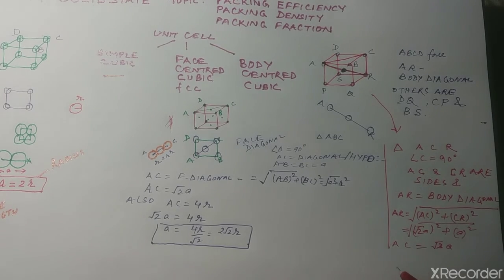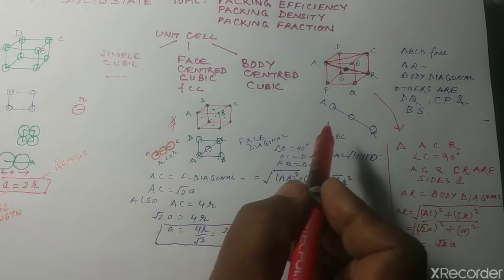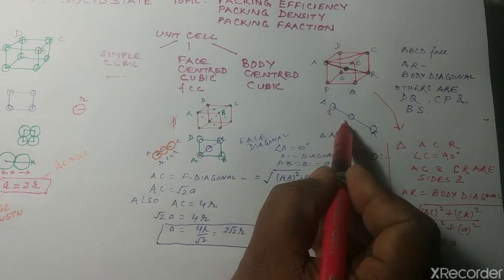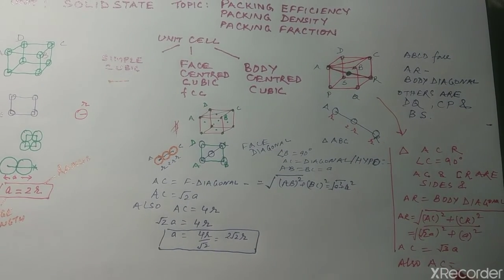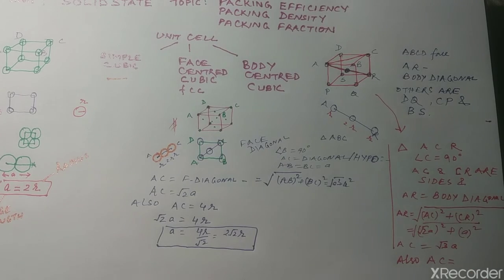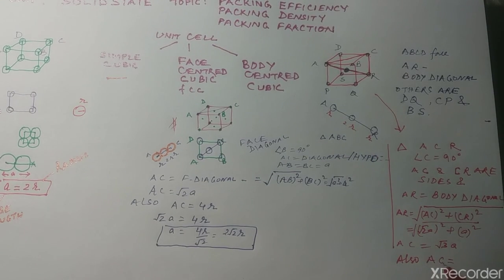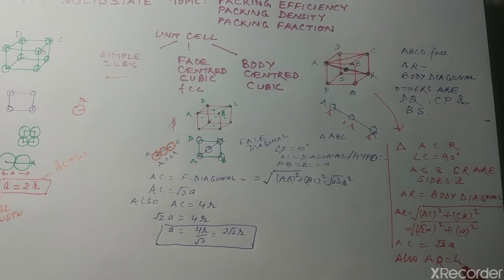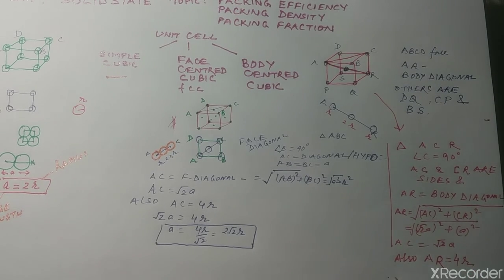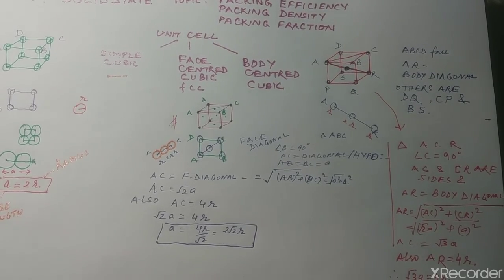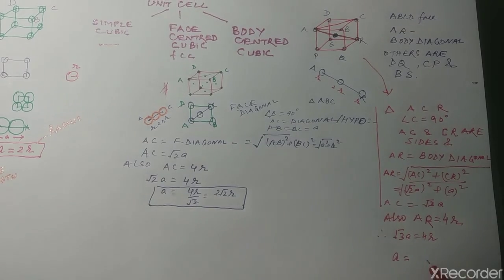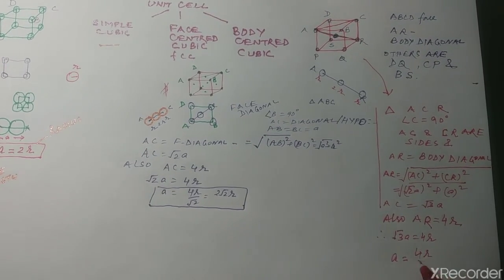And also AR is equal to 1R, 2R and 1R, which is 4R. Therefore, root 3A is equal to 4R. So A is equal to 4R upon root 3.